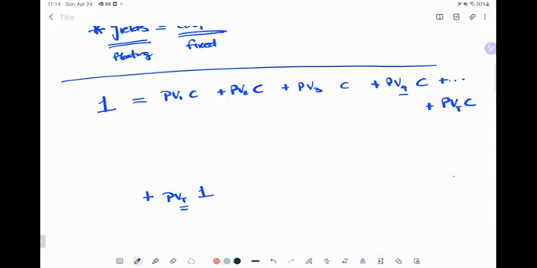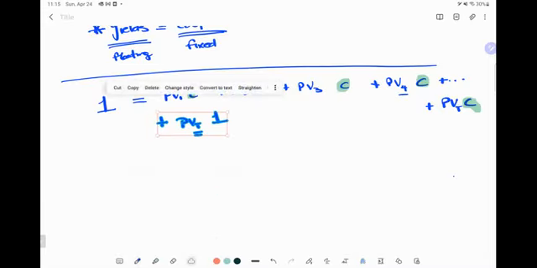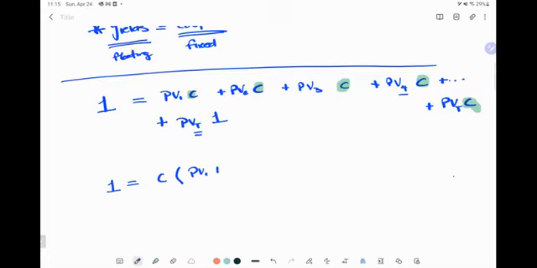So once we have that, we can factor out, because we see that this C in all of these cases is the same. And then we can simplify things and say 1 is going to be the same as C multiplied by PV1 plus PV2 plus PV3 plus ... plus PVT.